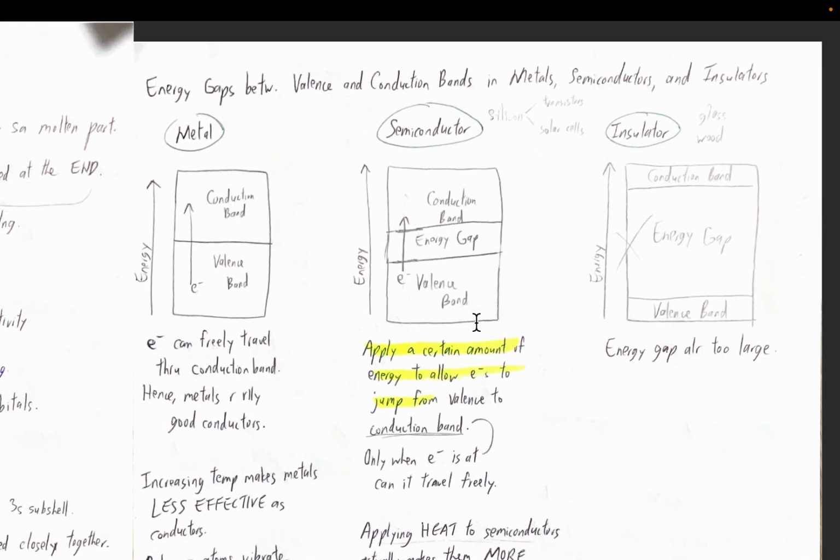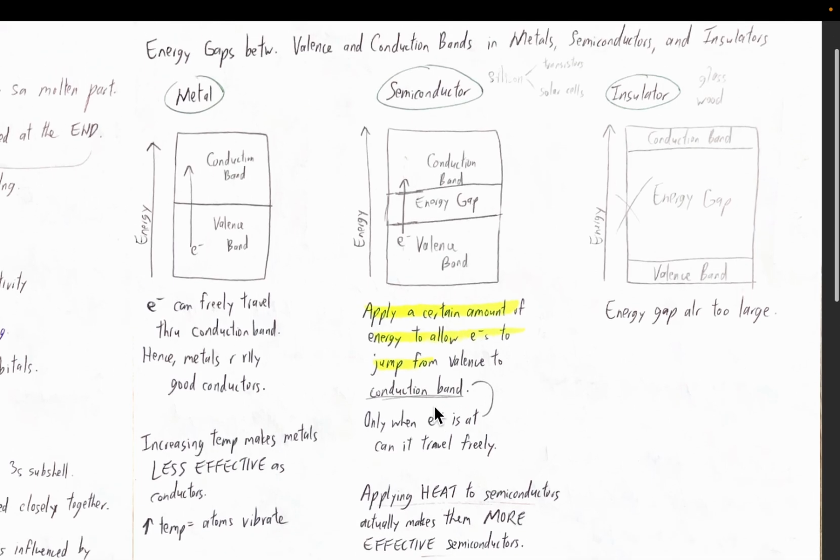And this is the only condition such that electrons can travel freely. If there is no energy applied for the jump to take place, electron movement cannot be made possible, considering it has to go from valence to conduction band.